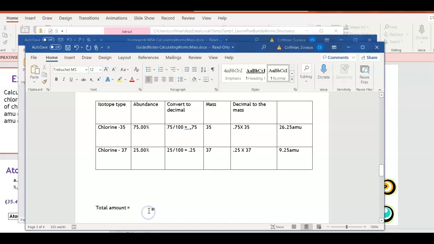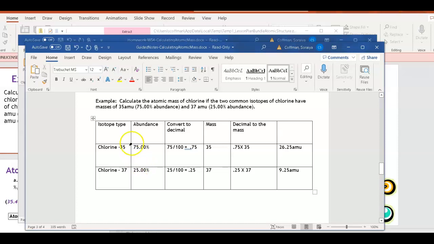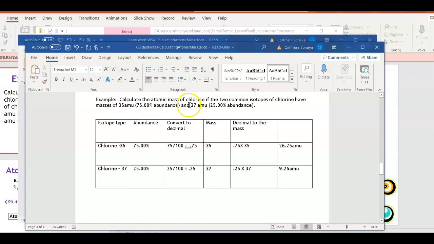That's 0.5. 9 plus 26 is going to be 35, and I'm not carrying anything over, AMUs. And that seems about right, that it's going to be closer to the 35 because of 75% than the 37. And that seems very logical. You have to have it in between 35 and 37 in this case, because of the percentage, or just our 2 masses.